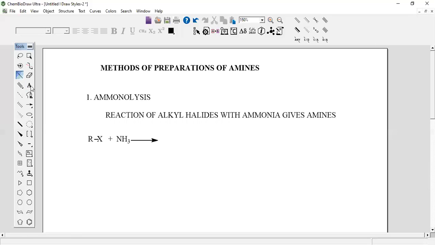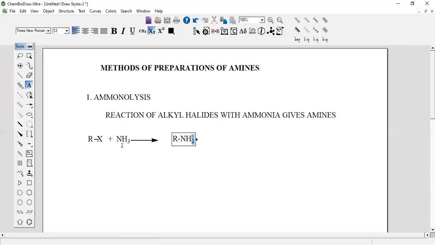Now in ammonia, I told you already, one hydrogen is replaced by an alkyl group.